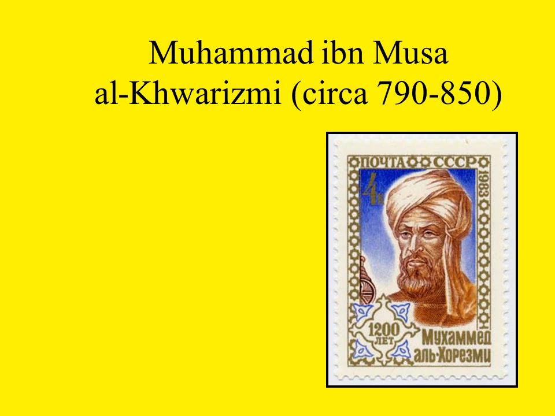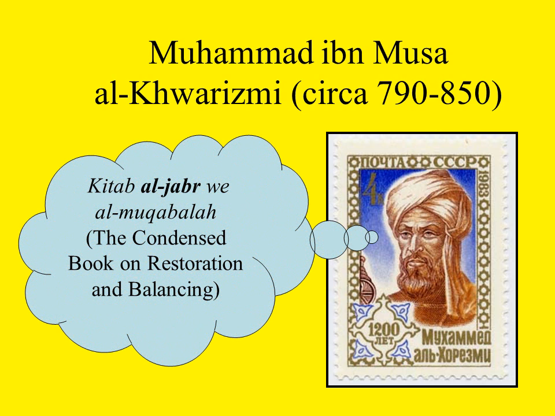Muhammad ibn Musa al-Khwarizmi literally gave algebra its name when he published in Baghdad Kitab al-Jabr wa al-Muqabala, or the condensed book on restoration and balancing. In this book, the first systematic solution of quadratic equations was given and this book remained the quintessential reference on the theory of equations for centuries.